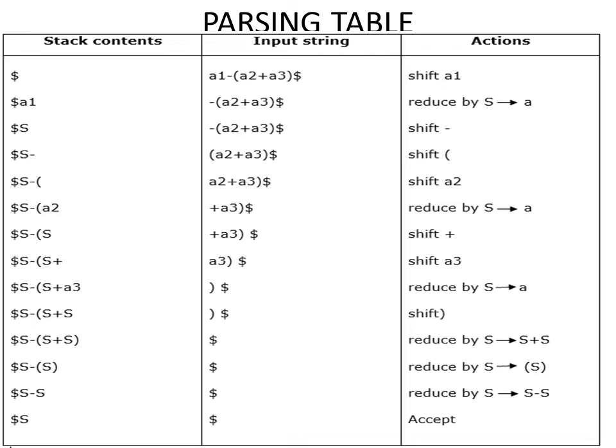So $a1 will be in the stack, and the current input string will be minus a2 plus a3 with parenthesis and dollar. The second action is reduce by S implies a, so a will be reduced by capital S. Now the stack content will be capital S. The input string remains the same as no shift was performed. The third action is shift minus: the next input symbol is minus, so shift it into the stack.